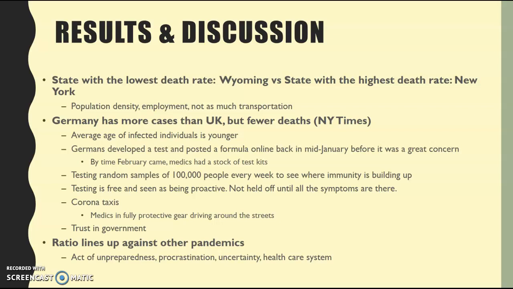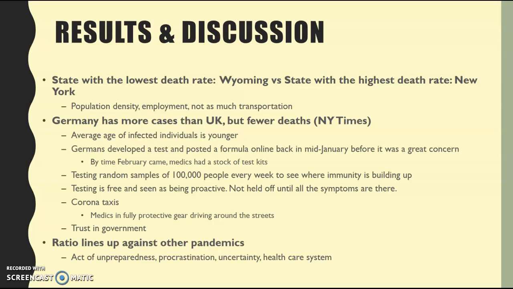So in Germany, people are getting infected, but they're also bouncing back afterwards because of their young age and immunity levels. Germany also developed a test back in mid-January, before coronavirus was even a concern. So they had a test and posted a formula online that they could use by the time February came. Medics already had a stock of test kits, so they were really proactive in making decisions.